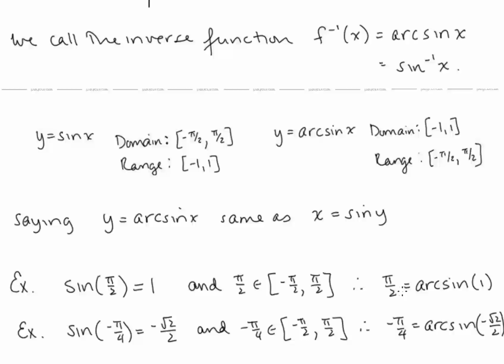Therefore, pi over 2 is equal to arc sine of 1. Similarly, sine of negative pi over 4 is equal to negative radical 2 over 2, and negative pi over 4 is also in the restricted domain of negative pi over 2 to pi over 2. So that says arc sine of negative radical 2 over 2 is equal to negative pi over 4.